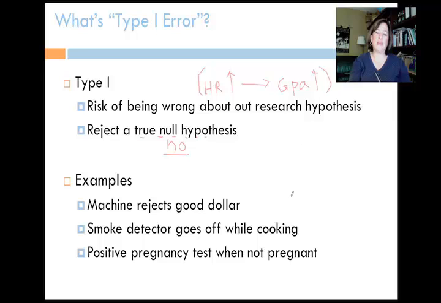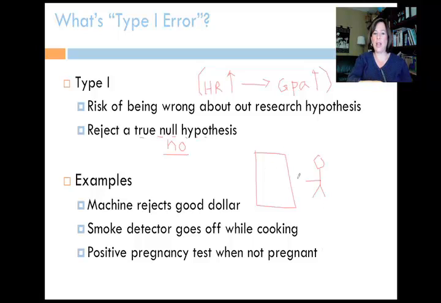That's a type 1 error. Okay, if that example doesn't make much sense, let's look at some of these other examples that I have down here. Actually, I think the first example is one that Voigt has in the textbook. He does a good job of explaining type 1 and type 2 error. He talks about a vending machine, and about a person with a dollar bill walking up to that vending machine to put it in.